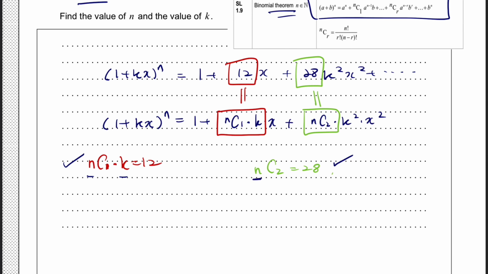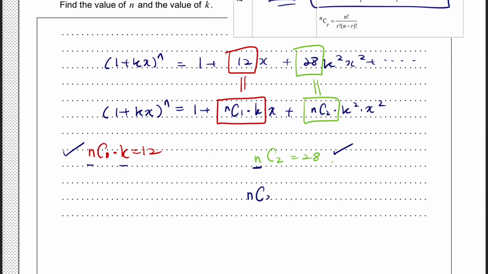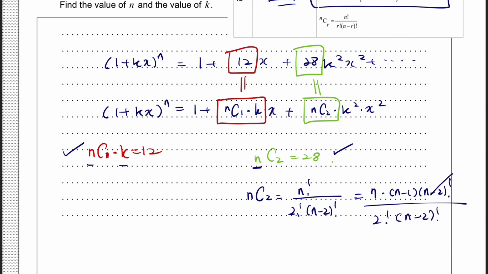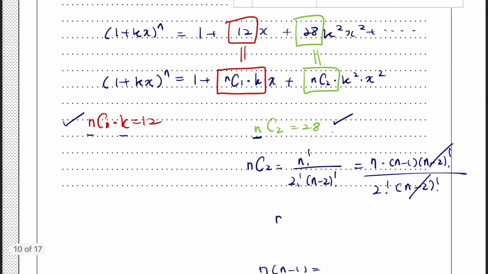So using the combination rule with nC2, we know that nC2 is the same as n factorial over 2 factorial times n minus 2 factorial. And this is the same as n times n minus 1 factorial, or we can say n times n minus 1 times n minus 2 factorial over 2 factorial times n minus 2 factorial, which gives us a chance to simplify this equation into n times n minus 1 over 2.